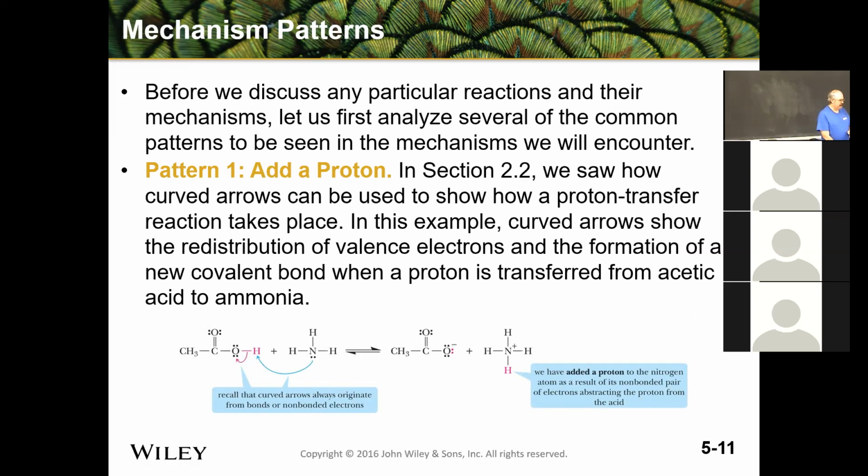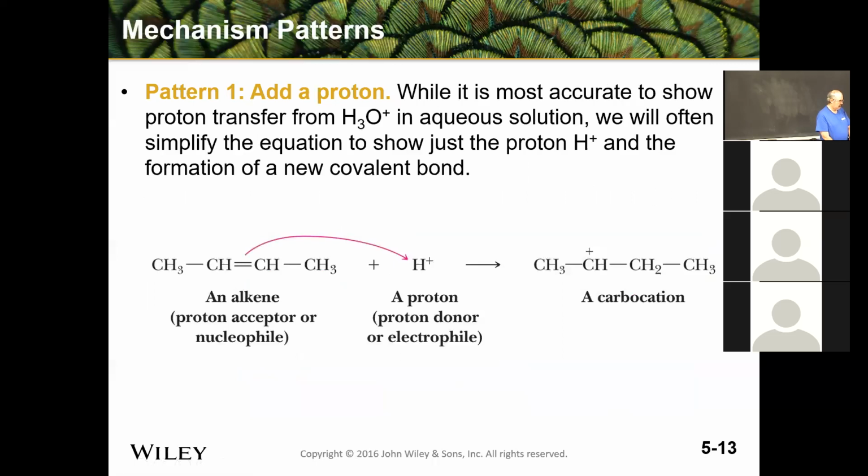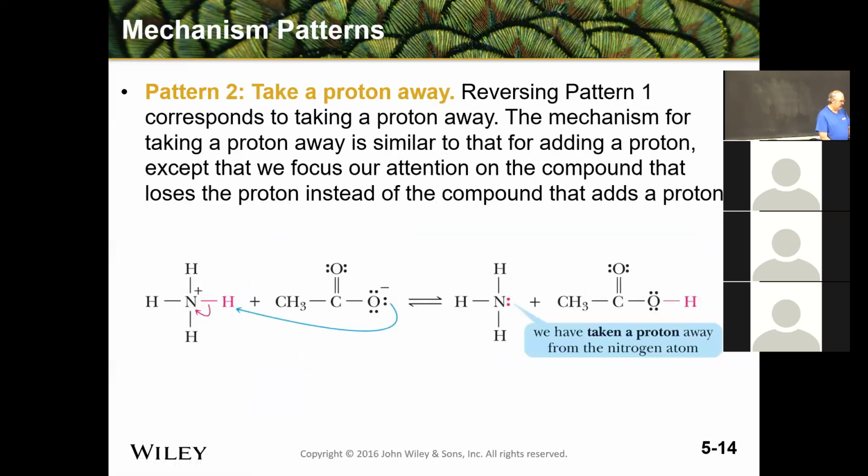I'll go ahead and mention some of the common patterns. One is to add a proton, and actually this is transferring a proton. So we add a proton to ammonia. We can remove a proton.